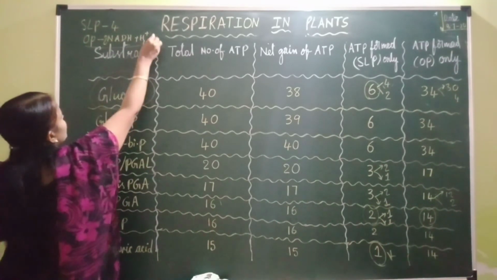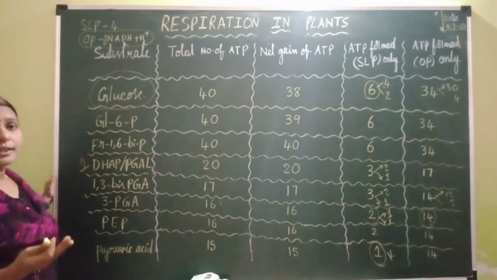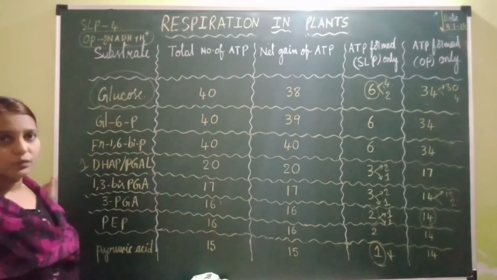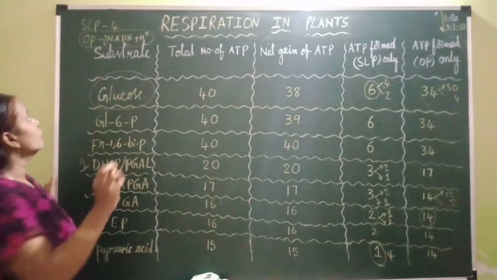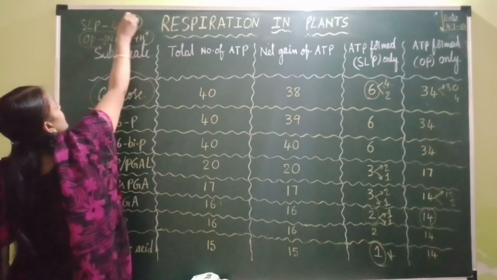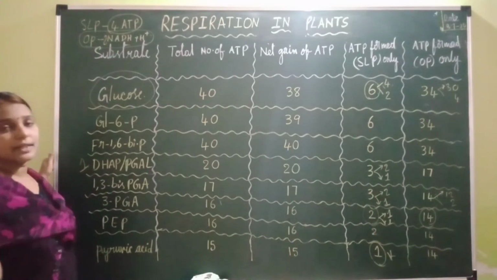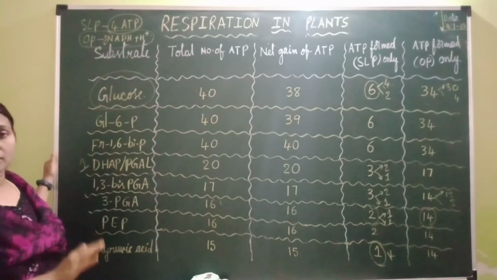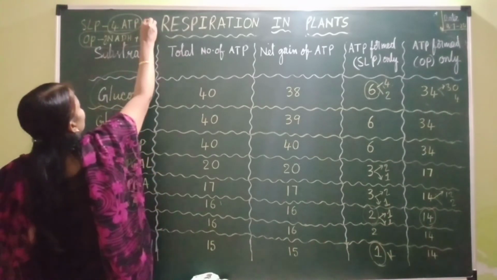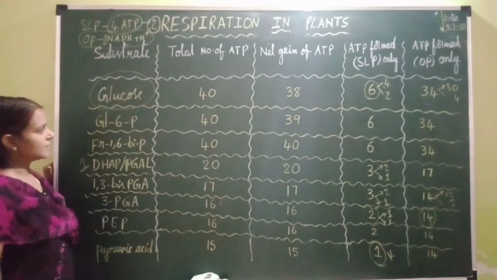These 2 NADH2s released during glycolysis are utilized during fermentation, whether it is alcoholic fermentation or lactic acid fermentation. And among the 4 ATPs released during glycolysis, 2 ATPs are consumed in glycolysis itself, that is in the first step and the third step of glycolysis. So what is the net gain of ATP now? Only 2 ATPs net gain.